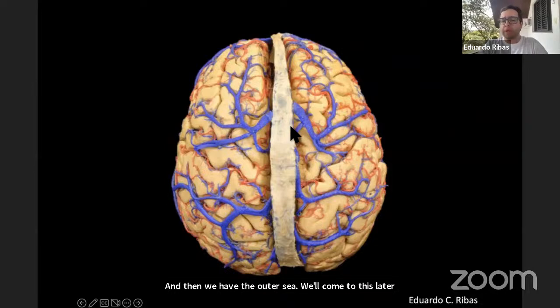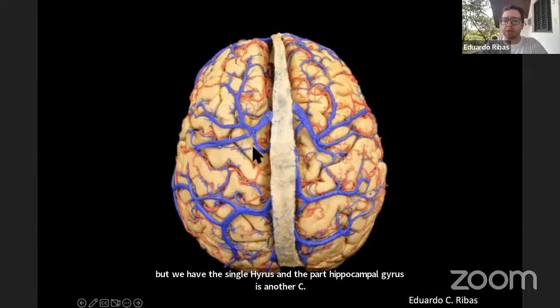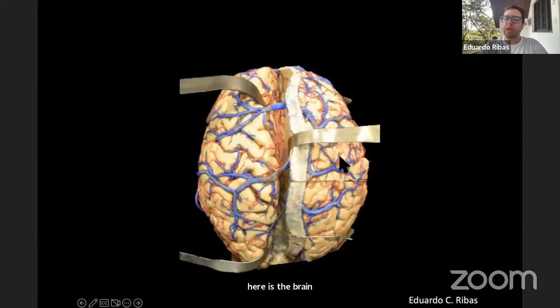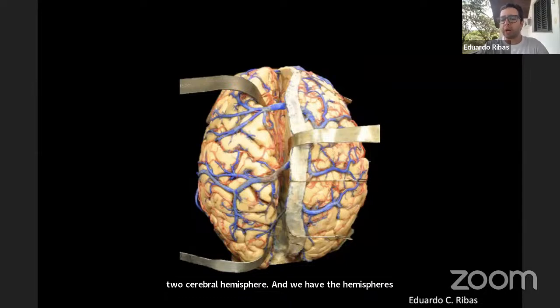Here is the brain itself, subdivided by the fornix into these two cerebral hemispheres. The hemispheres are really detached from each other. The only structures connecting both cerebral hemispheres are the commissural fibers. The most important commissural fibers of mammals, including us, of course, is the corpus callosum.